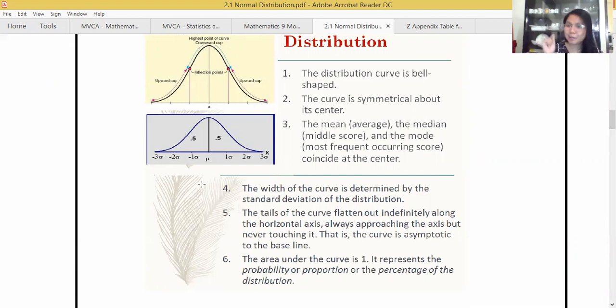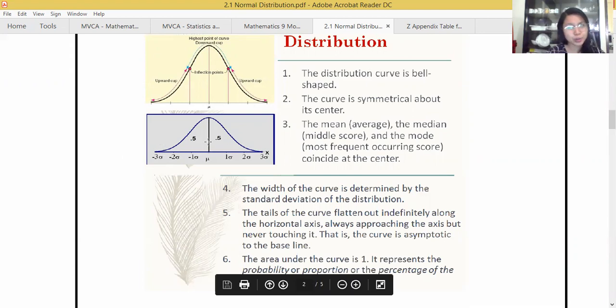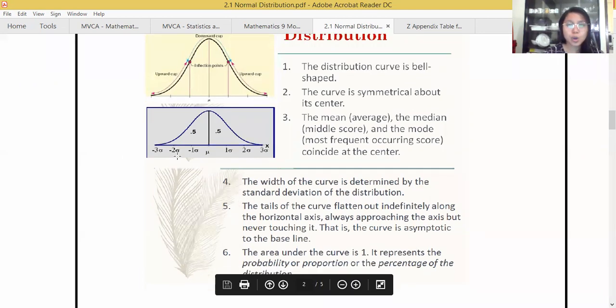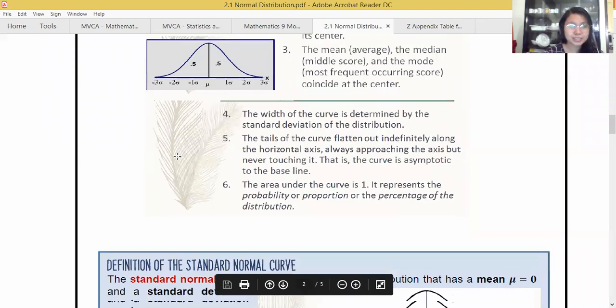Remember what asymptotes are? It goes nearer and nearer to the axis, but it will never pass the axis. And number 6, the area under the normal curve is 1. Or if we add all the area under the normal curve, the total is 100%.